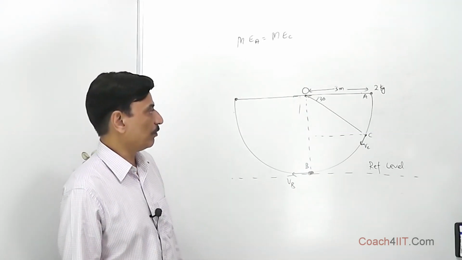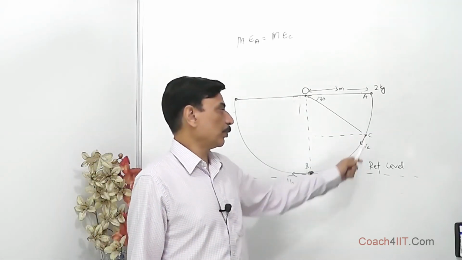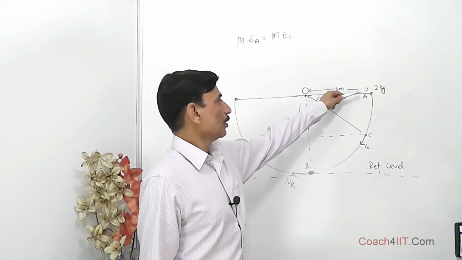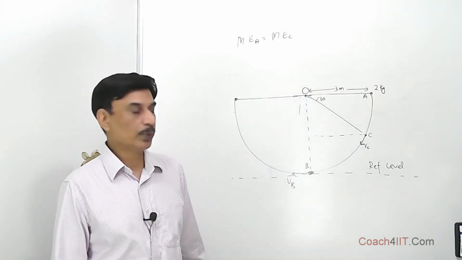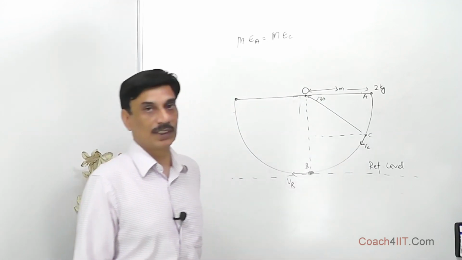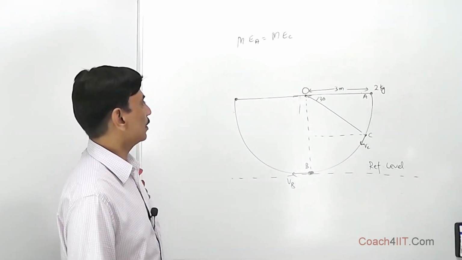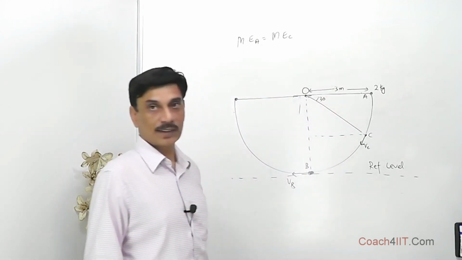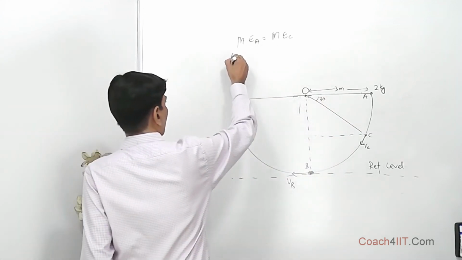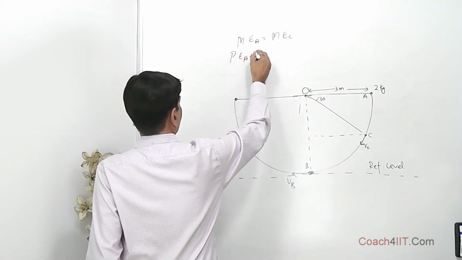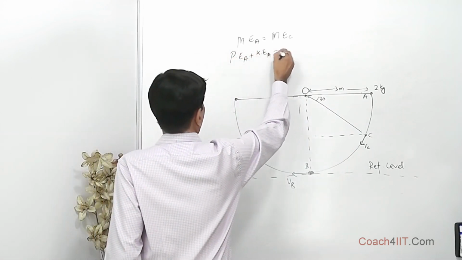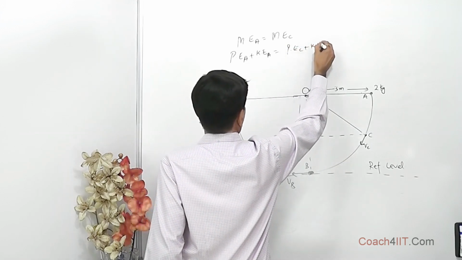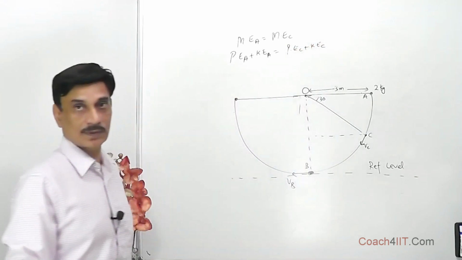Let's say now we have to find what is the speed at the point C when this string is making an angle of 30 degree with the horizontal position. We are supposed to find the value of VC. So obviously as earlier, we can use mechanical energy at A is equal to mechanical energy at C. It means potential energy at A plus kinetic energy at A is equal to potential energy at C plus kinetic energy at C. This is what we have to find out.